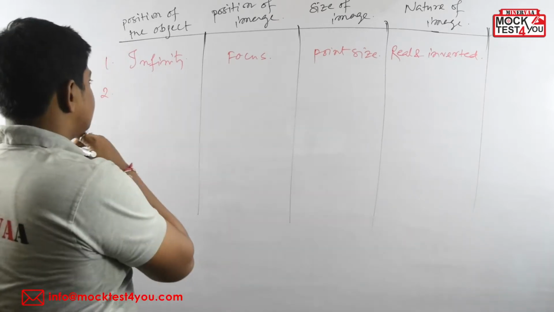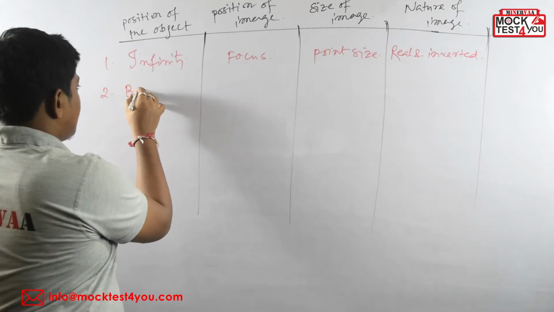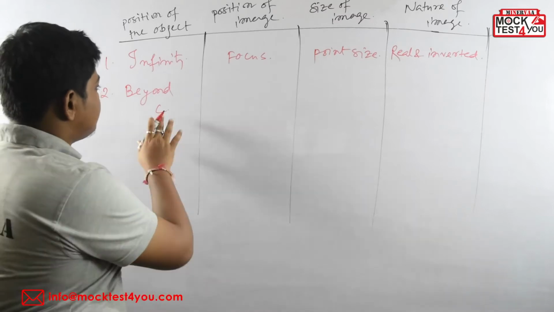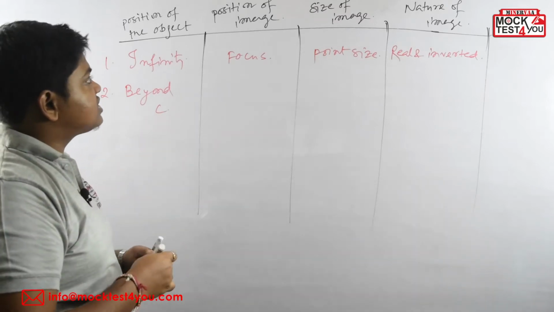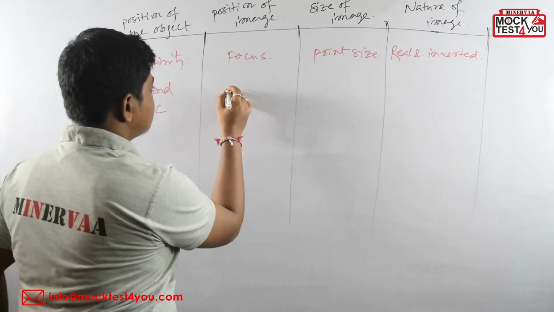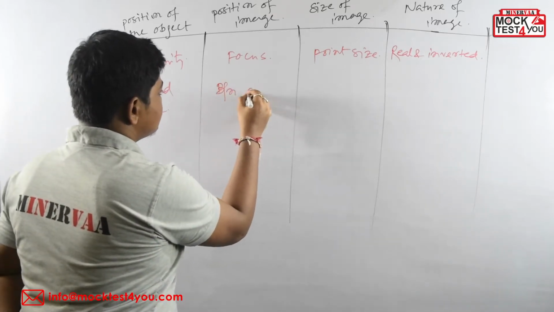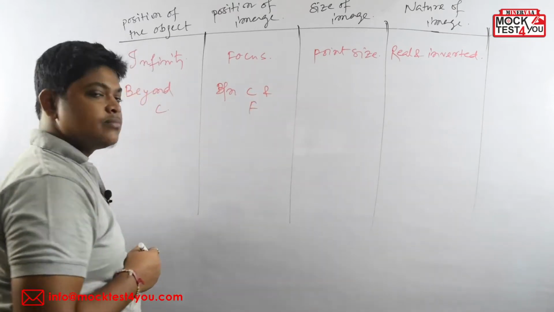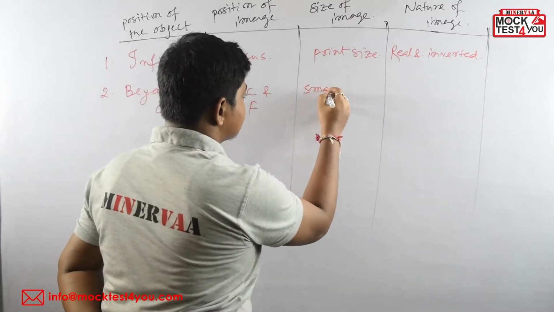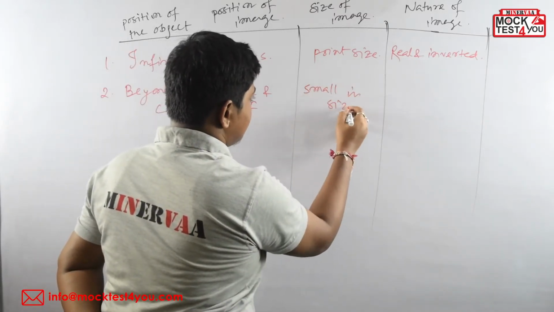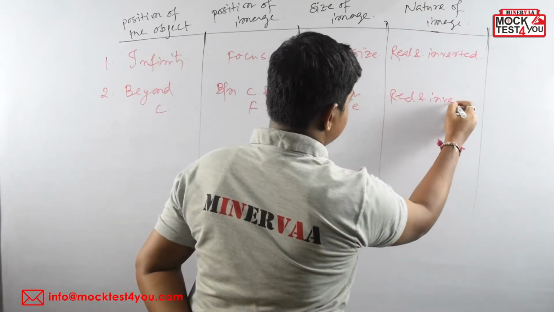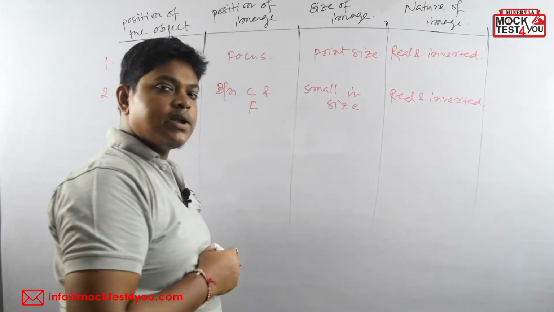Now in the next case, we had placed the object beyond the center of curvature. When we place the object beyond the center of curvature, we get the image between center of curvature and focus, right? So obviously the image we get is small in size, and that's also real and inverted, right?